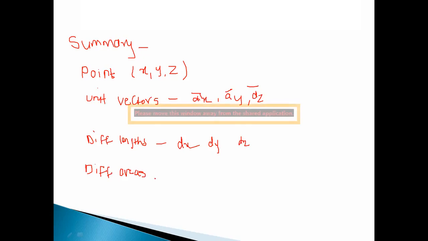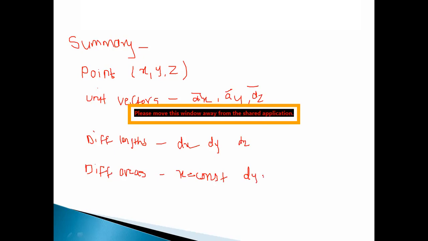When x is equal to constant, the differential area is dy into dz.